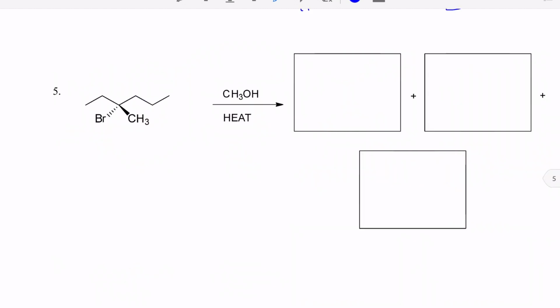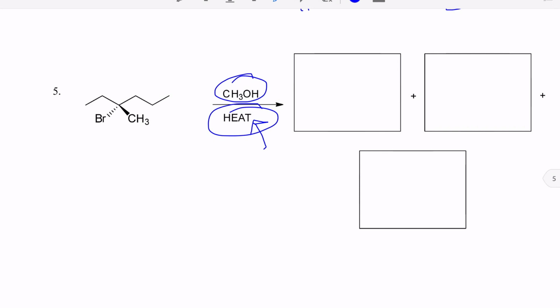For question 5, we're given the following substrate, and we see that it undergoes a reaction with methanol, also with heat. So right away, heat should tell you that we are considering elimination reactions. But before we jump to conclusions, we also need to realize that there are 3 boxes, right?